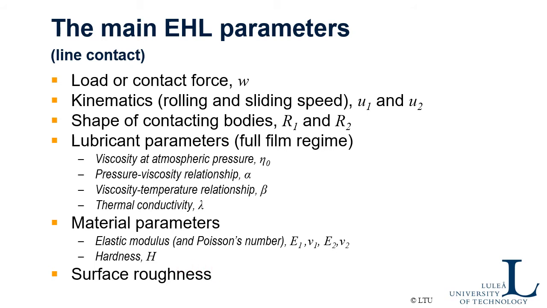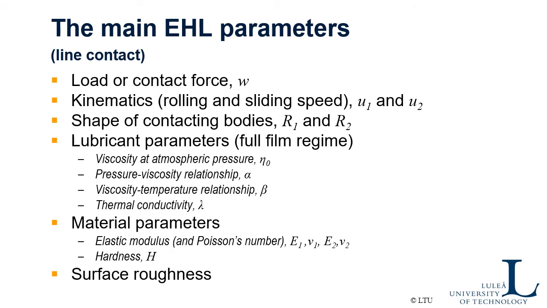You may also need the hardness, because if you also compute the contact pressure by using the Hertz analysis, you want to compare that pressure with the hardness to ensure that you don't reach a pressure higher than the hardness. Then you may have permanent damages like plastic deformation of the surface.